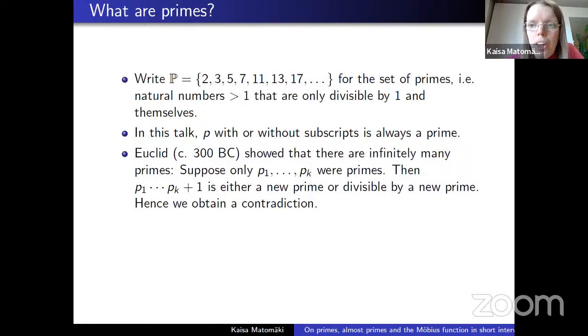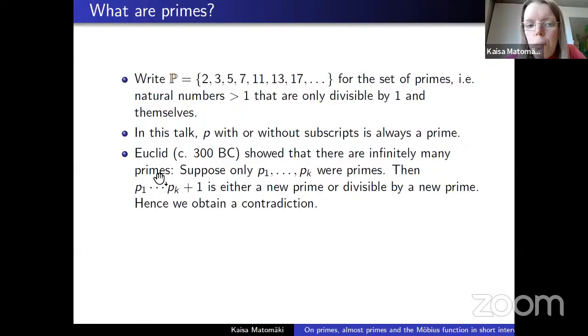And these primes have been studied for centuries, or actually for thousands of years. So Euclid, already 300 BC, saw that there are infinitely many primes. And the proof is very quick. I can do it in 3 lines. Suppose that there were only finitely many primes. Let's call them p1, p2, up to pk. So suppose that there are only k prime numbers.